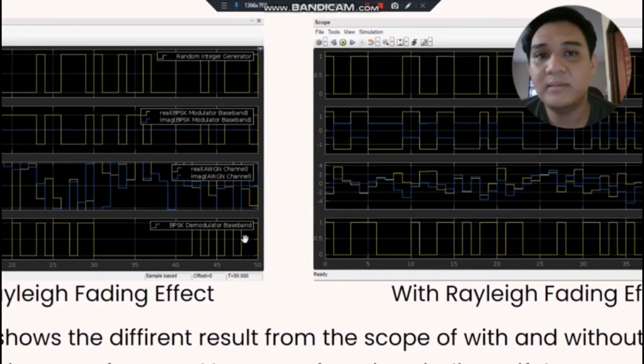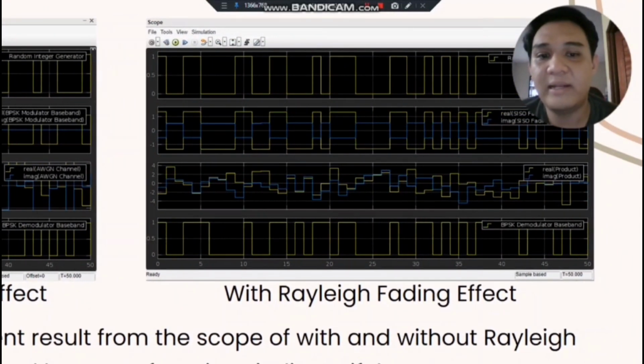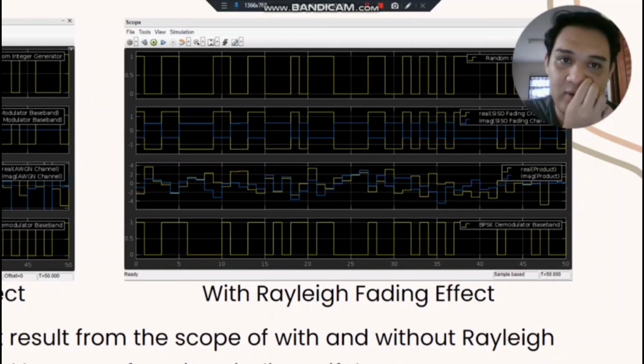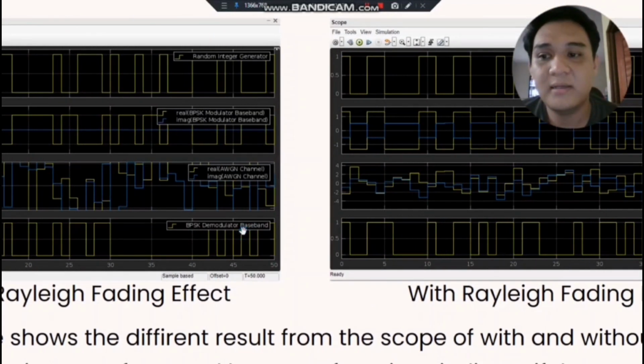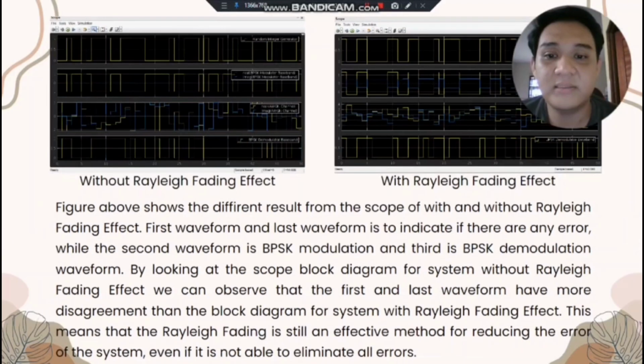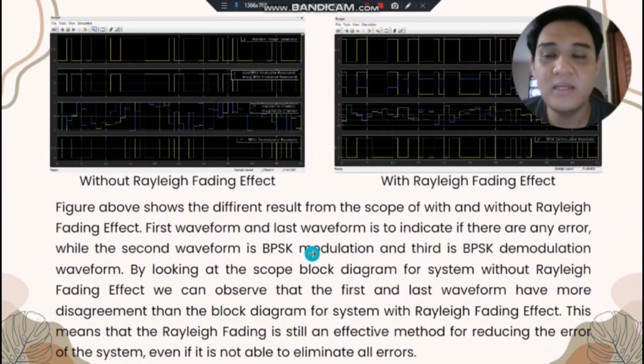But when we look at the one with Rayleigh fading effect, it's quite the same. The similarity is higher than without Rayleigh fading effect. This means that Rayleigh fading is still an effective method for reducing the error of the system, even if it is not able to eliminate all the error.